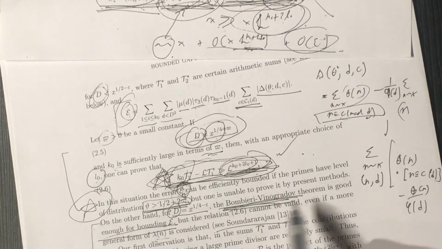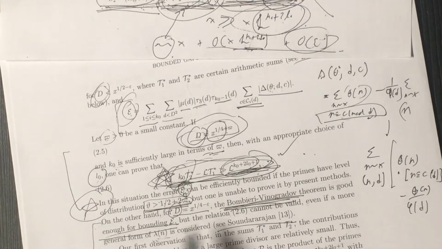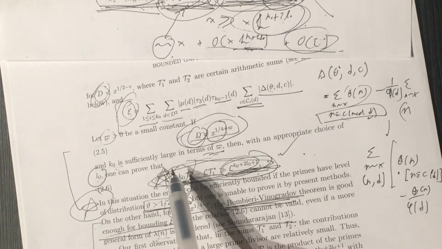There's another sneaky way you can go about this too, which is that Bombieri-Vinogradov is good enough for bounding the error if d is like x to the 1/4 minus epsilon. But then it turns out that even the most general form of lambda you can come up with in this case is incompatible with this growth bound on this first linear term that you want.